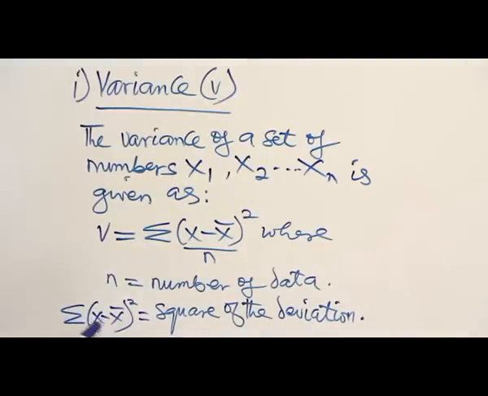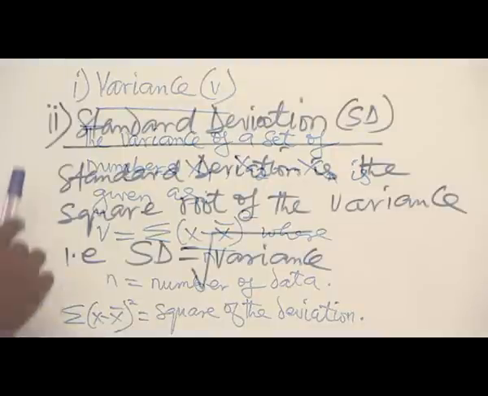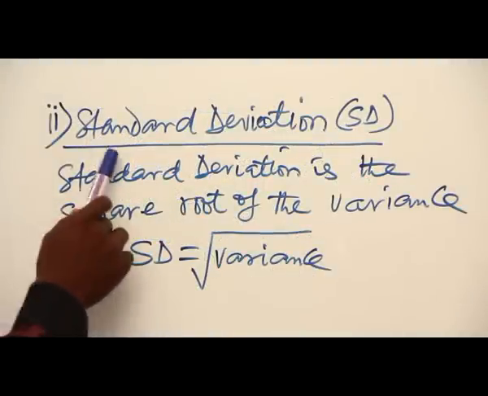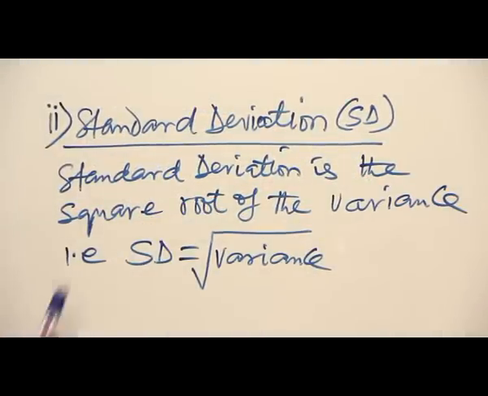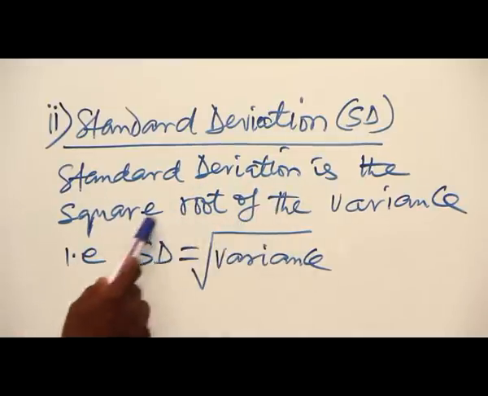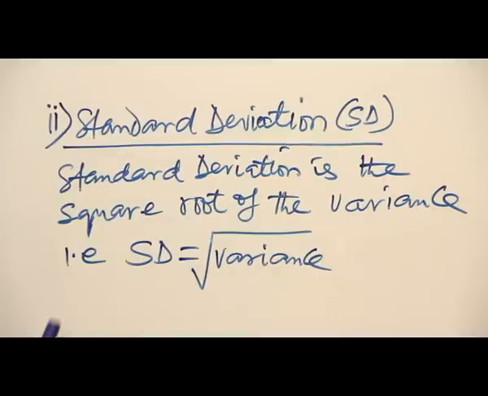Then (x minus the mean of x) squared is the square of the deviation. Roman figure 2, standard deviation, SD. By definition, standard deviation is the square root of the variance. That is, SD equal the square root of the variance.